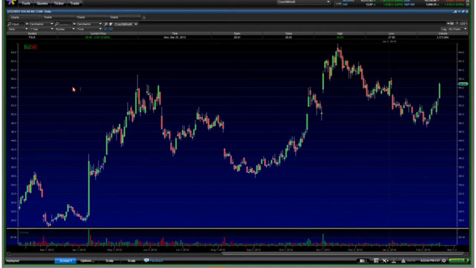Because if the bottoms get higher, your risk is lessened, and the price that stops you out gets higher, while still allowing you to continue to newer highs. Makes it quite easy.